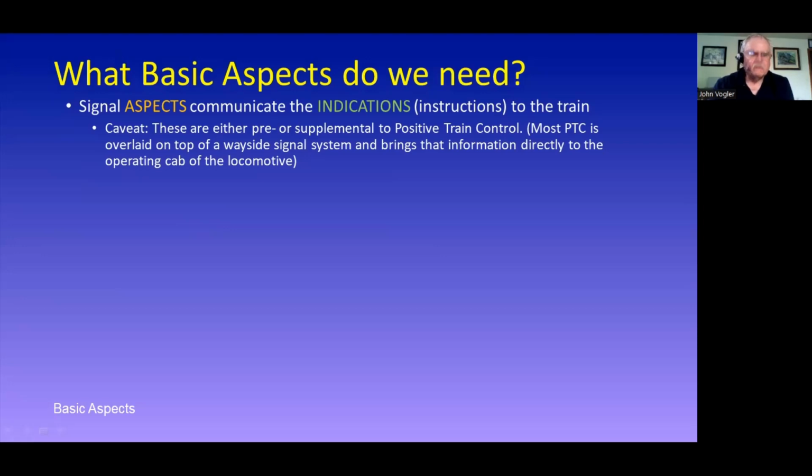There are newer positive train control systems that have modified the wayside aspects significantly and give different things that I don't really want to go into today, and we don't need them on the model. If you want to model PTC on a model railroad, go right ahead, because I don't think it would really add anything.